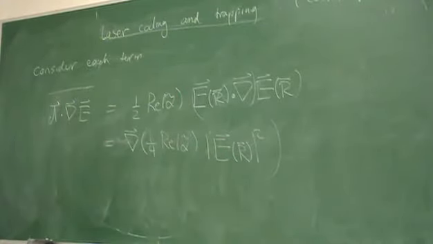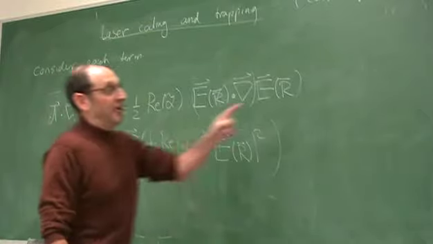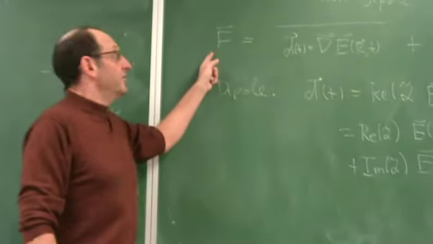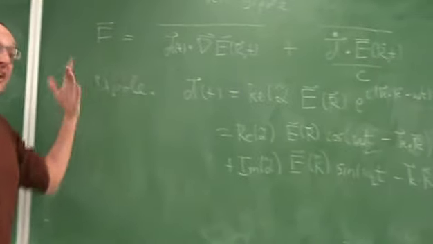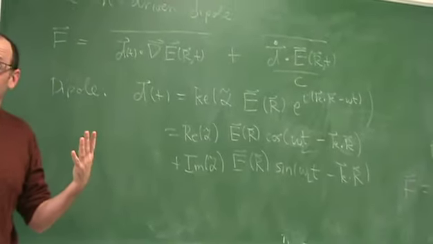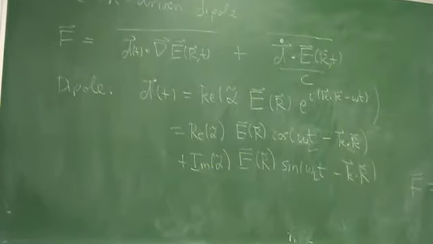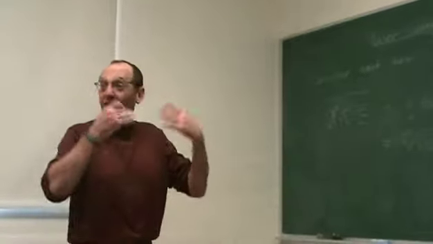So, this term in the force is a conservative force. It is the gradient of a potential. We know that because electric fields are conservative fields, right? They are derived from the gradient of a potential.